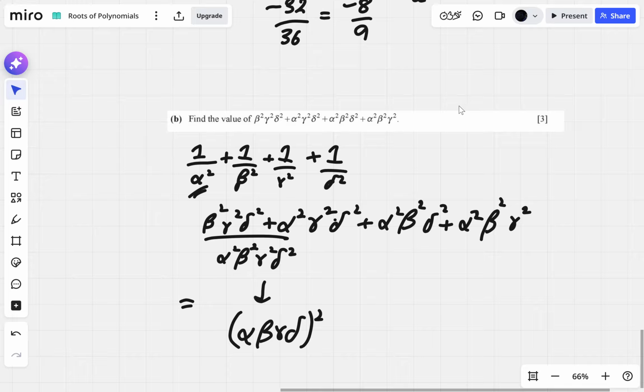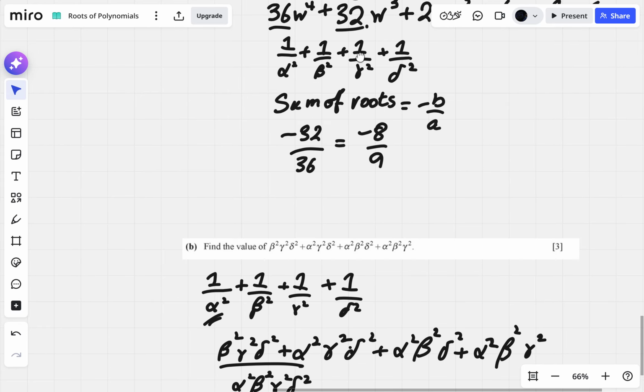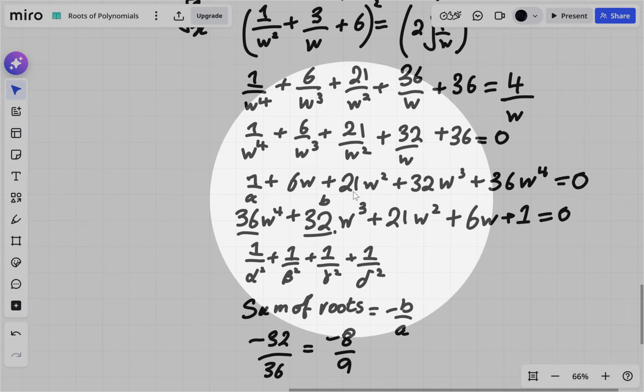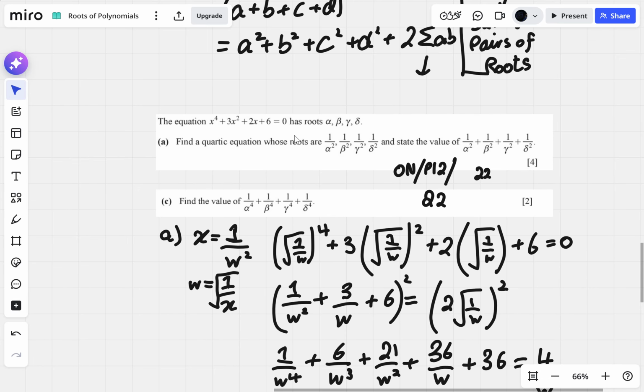So to find out the product of the roots alpha, beta, gamma, and delta, we won't be using the new equation we found. We'll be using the original equation because that was the one that had the roots alpha, beta, gamma, and delta. So that would just be minus b plus c. Okay, that would be minus. This is square, not a cube.